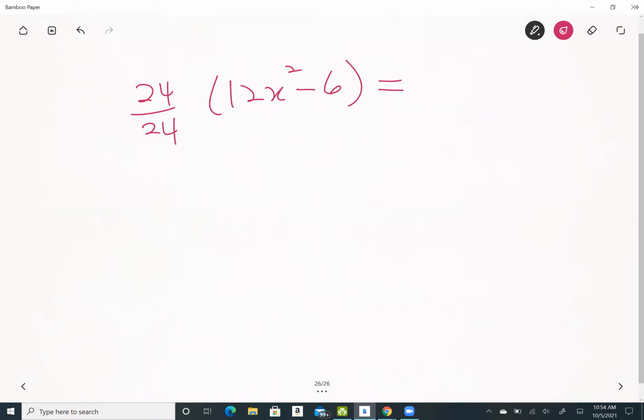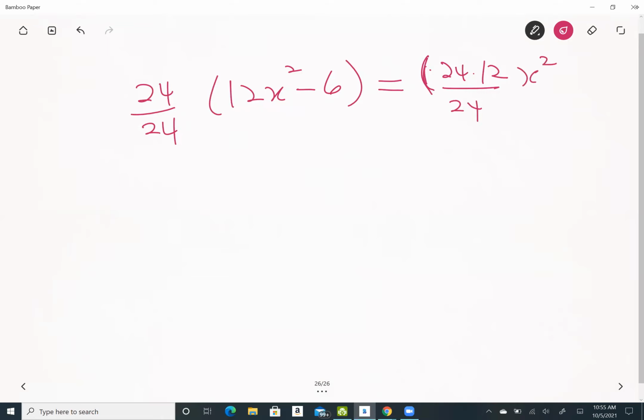that would be equal to, well, you multiply the first term, 24 over 24 multiplied by 12 x squared.